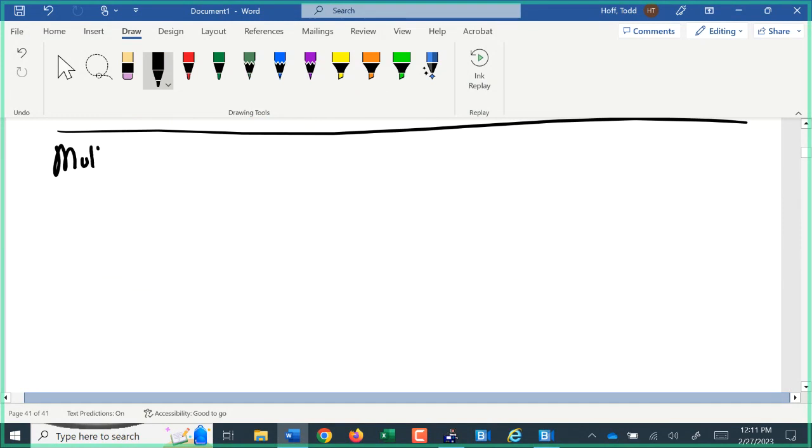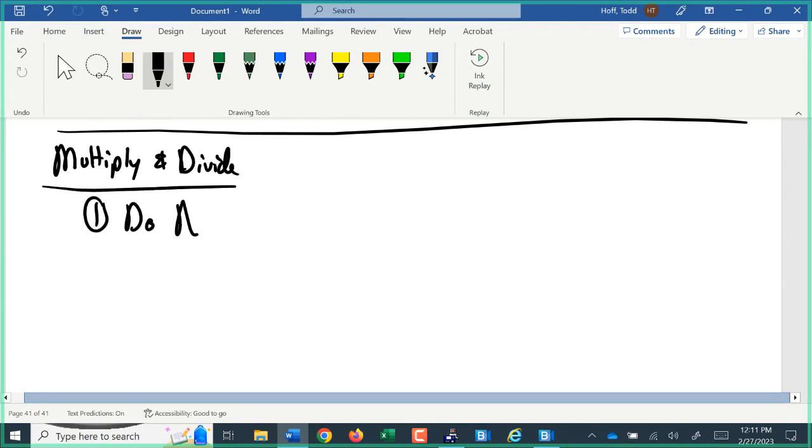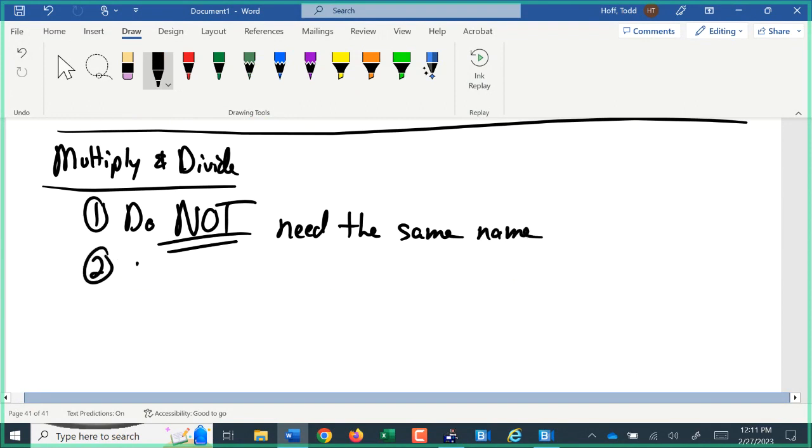When we multiply or divide, remember we do not need the same name. And then we're just going to combine the counts.